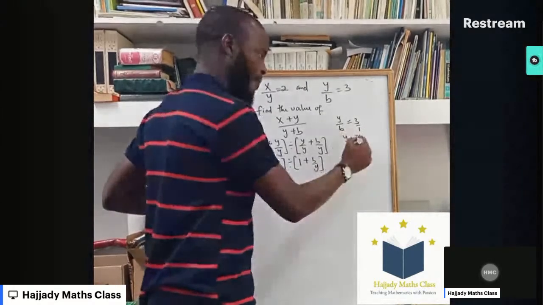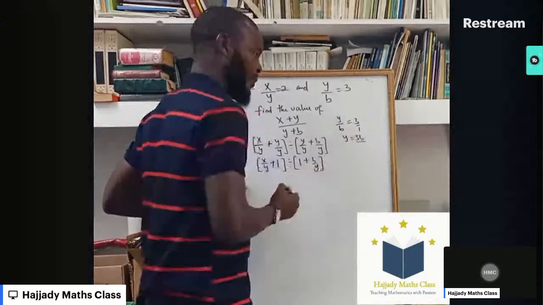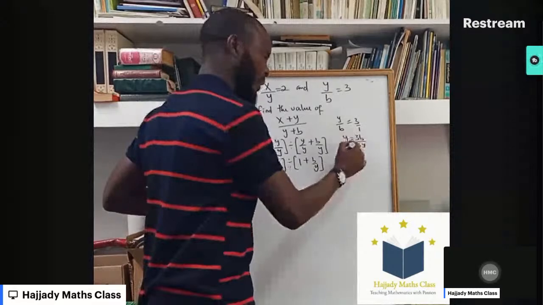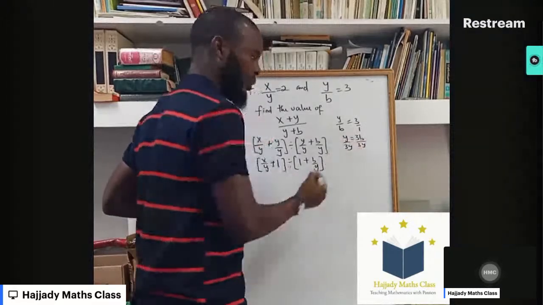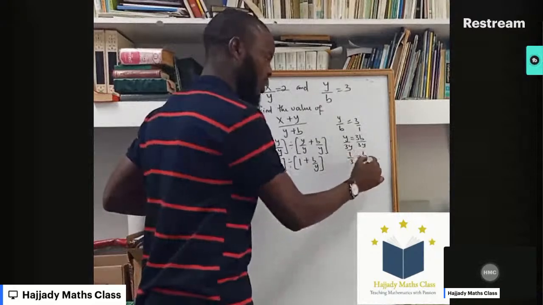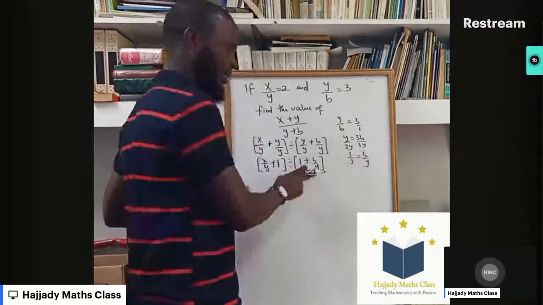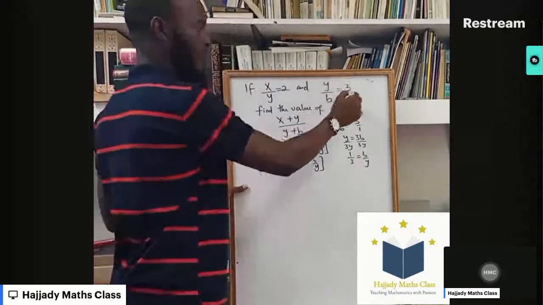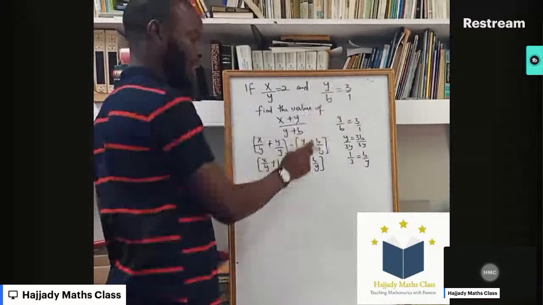Dividing both sides by 3y, we're going to have 1 over 3 equals b over y. So like flipping this 3 over 1, you have 1 over 3.